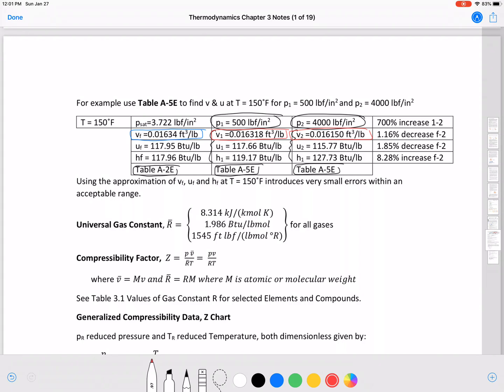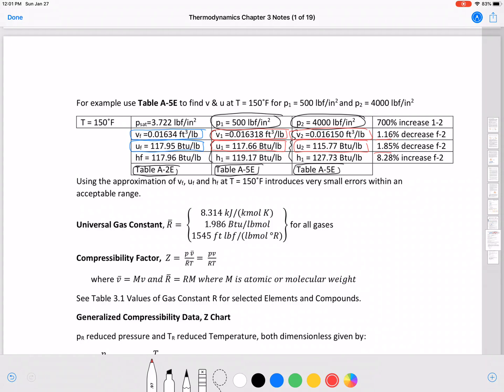And then likewise, we want to use this one for internal energy, and we can see that these are the other two values that we have. The biggest difference between these is 1.85%, so it's a very small decrease between what we're going to use and the biggest difference there.